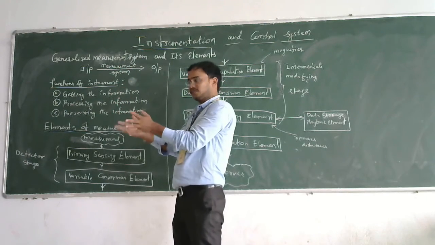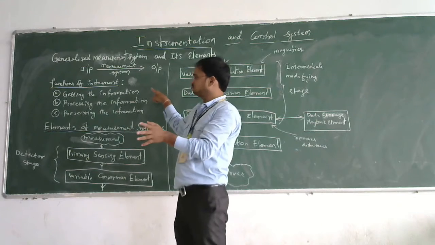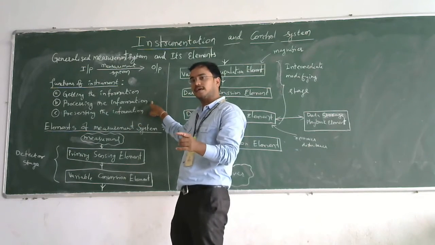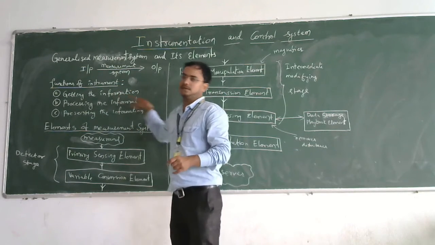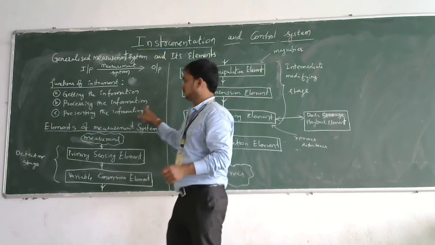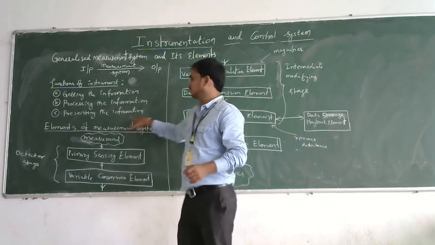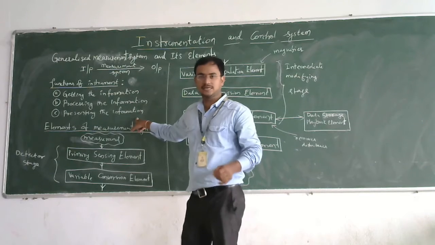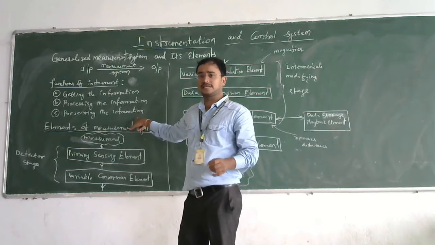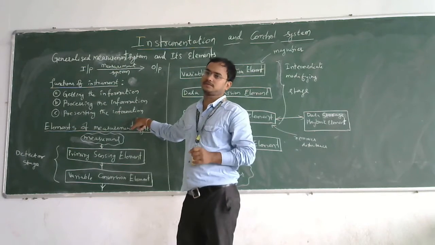No, it is not like that. It has to process according to the input signal. Then finally the output must be presented such that the observer can read the output.